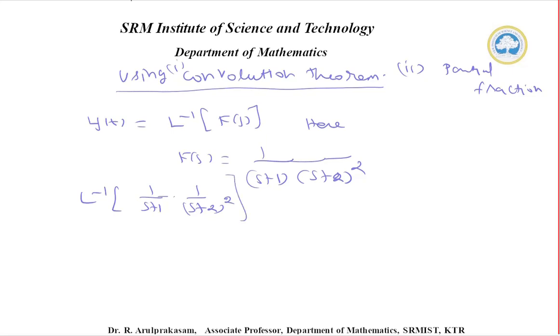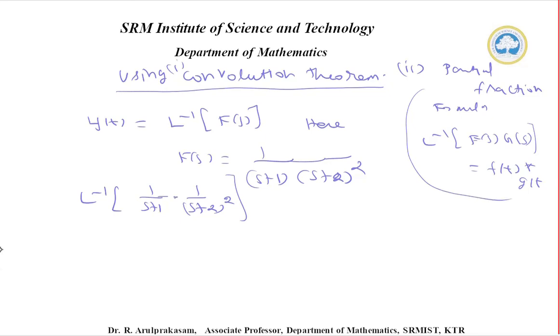What is the convolution theorem formula? L inverse of f of s into g of s can be written as f of t convolution g of t. This is the convolution theorem form.